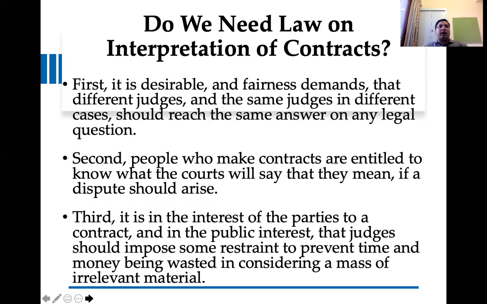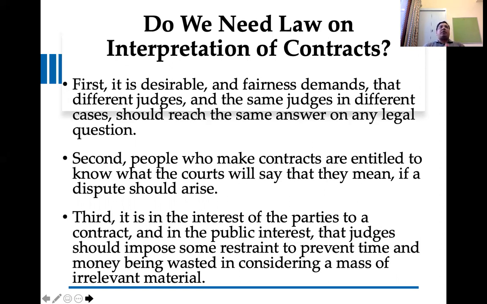Remember, we have this parole evidence rule that generally, if a contract has been written down, then courts will not take extrinsic evidence into account. They will try to gauge and assess the meaning and the intention of the parties from within the four corners of the written contract.